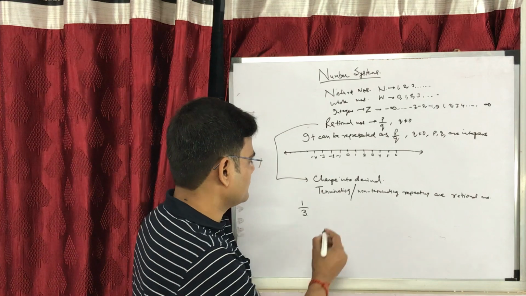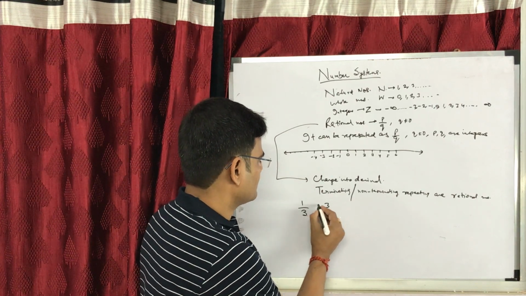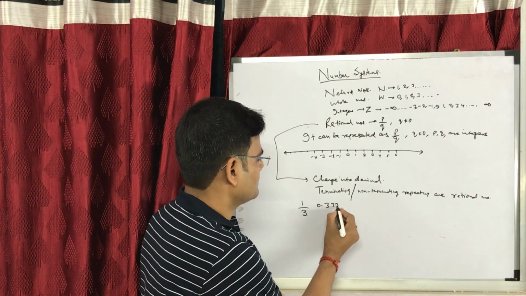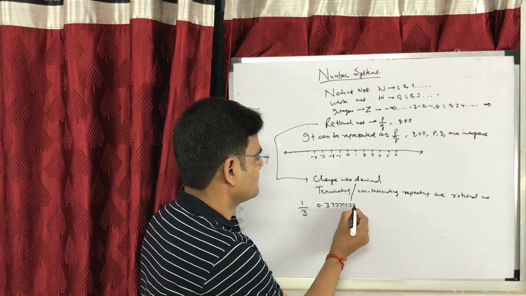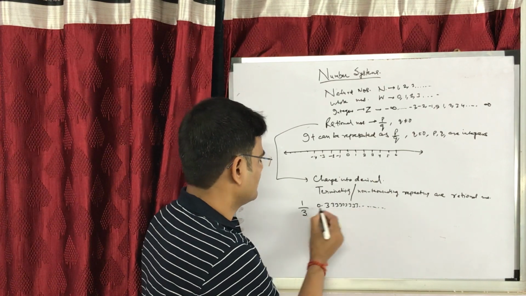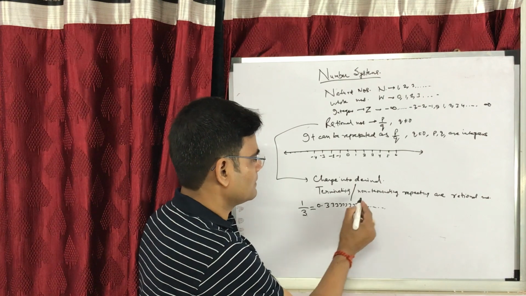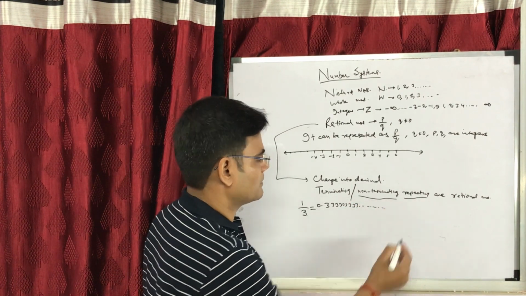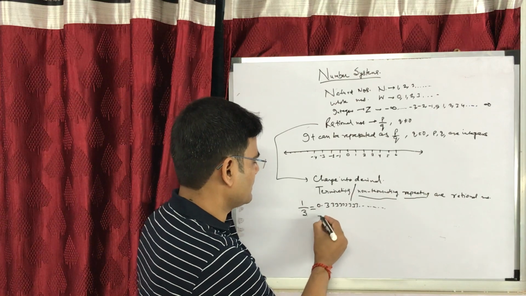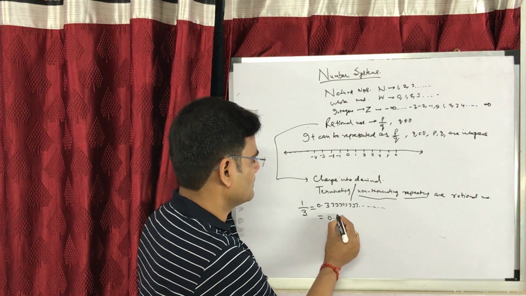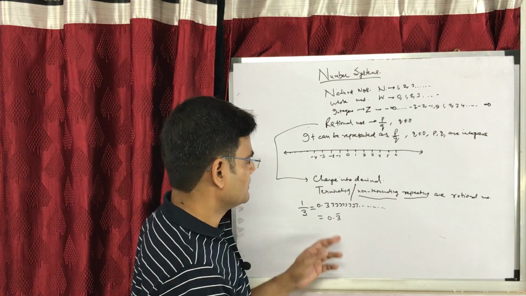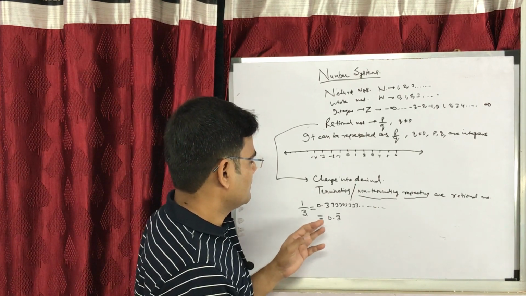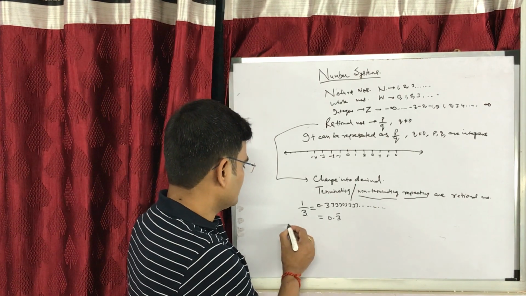But in fraction, if you divide 1 by 3, you will get 0.33333333, never ending 3. So this is a non-terminating repeating number. So you can write it as 0.3 repeat bar.